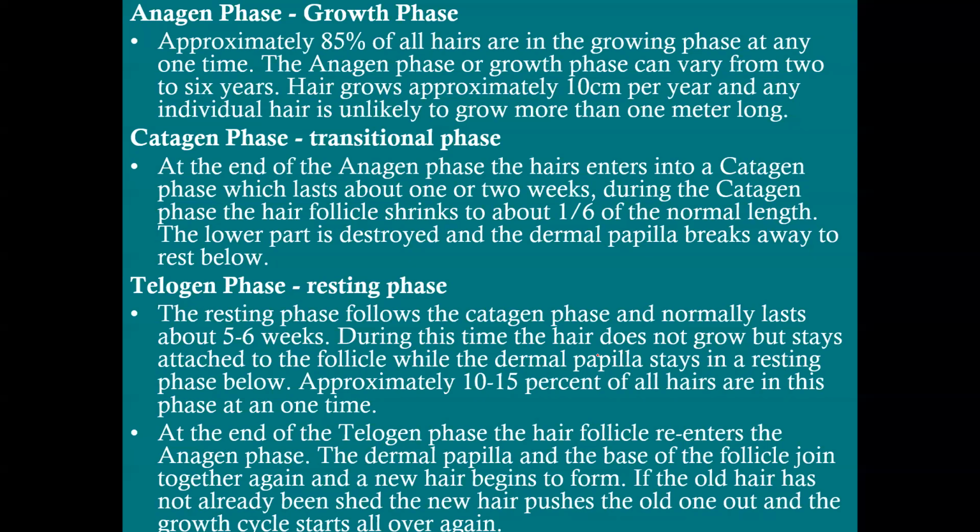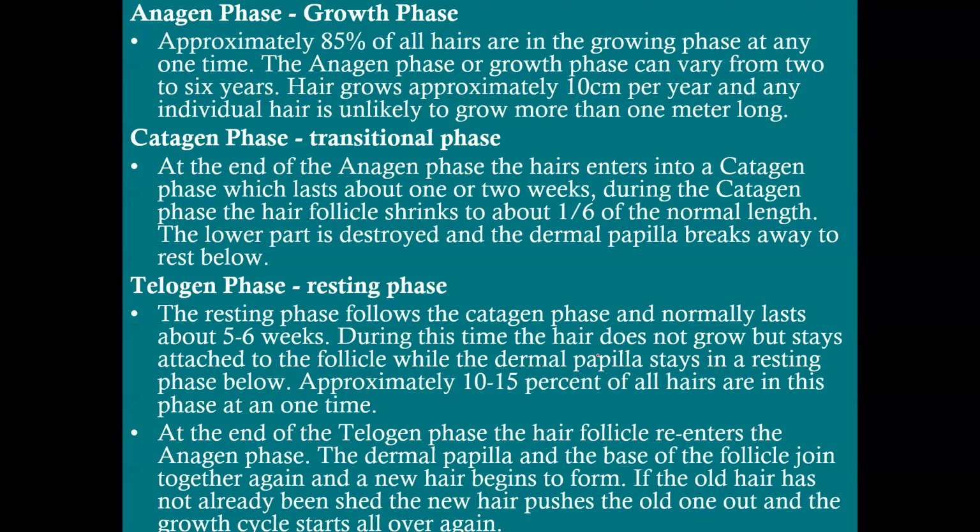That said, the hair is unlikely to grow more than 1 meter in length, usually. Once again, some people's hair can get extremely long, particularly the hair on the head, right?